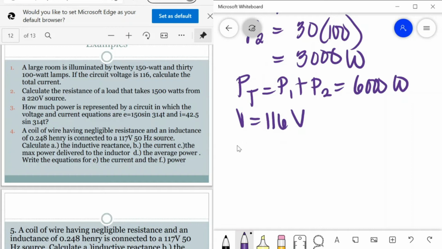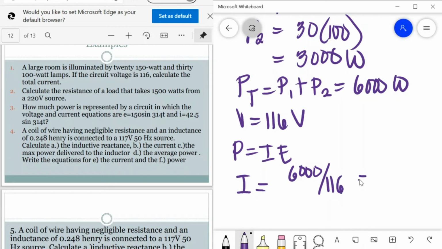So, from our formula, power is equal to current multiplied by the voltage. So, current will be 6,000 divided by 116 volts. That is 51.724 amperes.